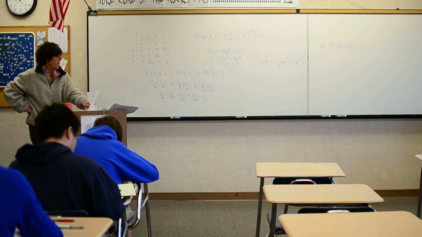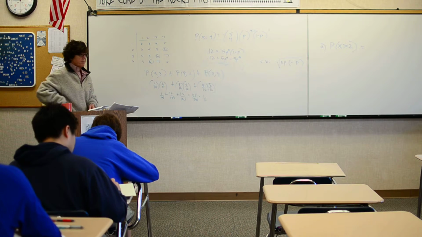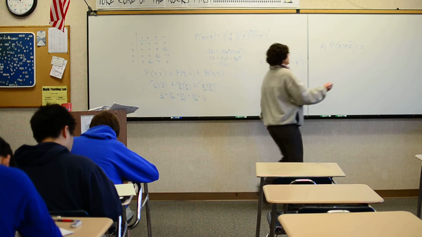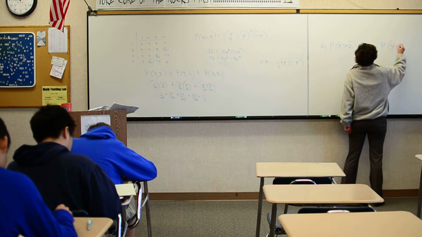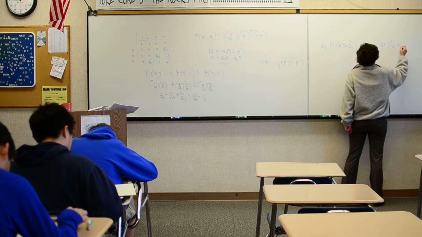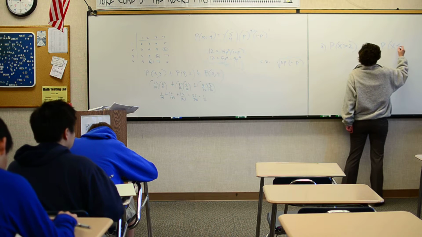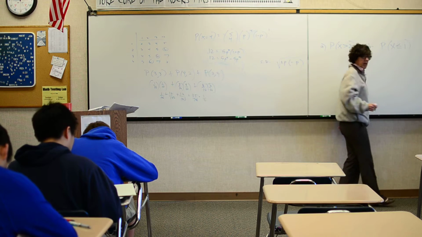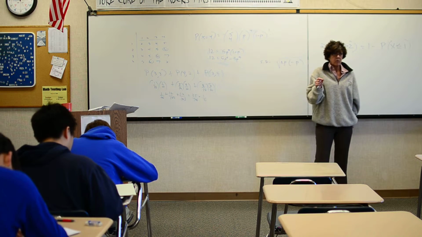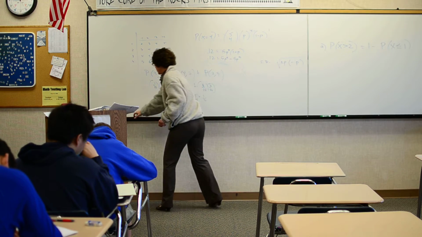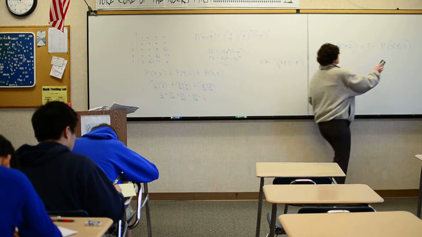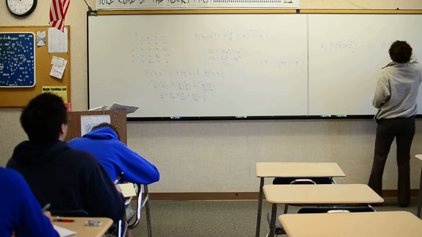The probability that x is greater than 2 is going to be what? 1 minus Poisson CDF. 1 minus the probability that x is less than 2 or less than or equal to 1, correct? Since it's greater than 2, does it have to be less than 2? Well, less than or equal to 2 includes 2. Oh, yes, greater than or equal to 2. Just kidding.